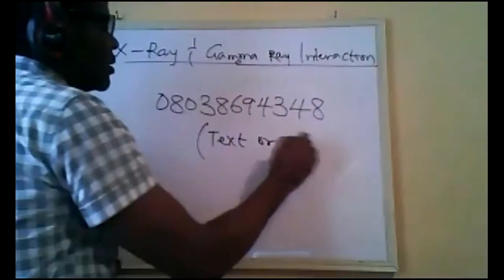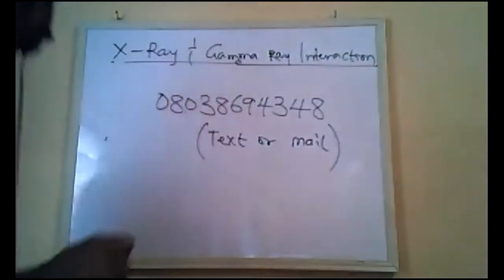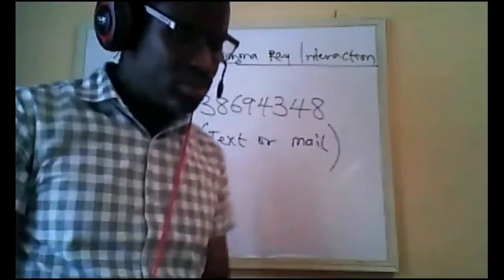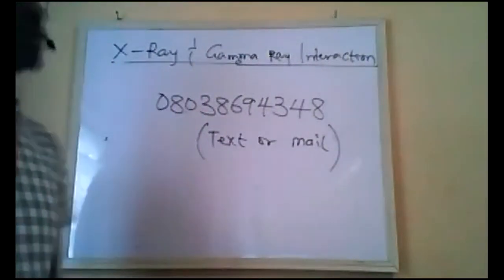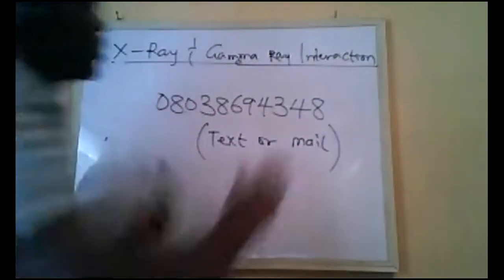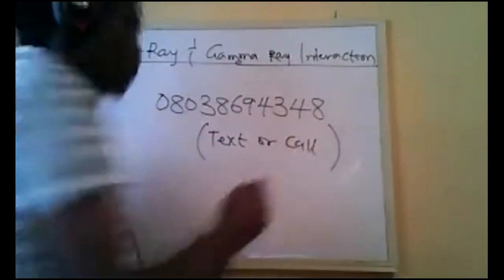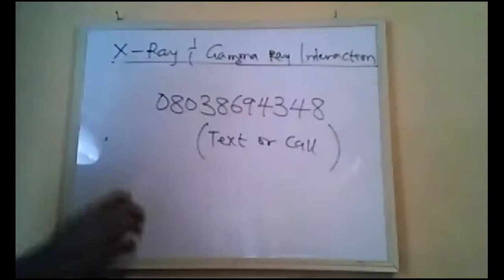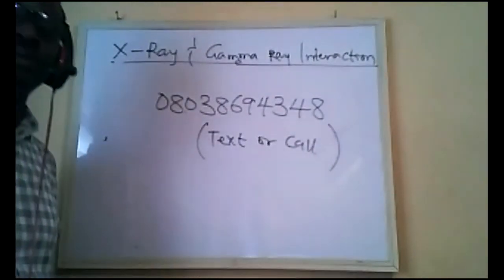Can you give me a text or mail on this? You can send me a text or call with this number. Then from there, I give you my WhatsApp number, and every other thing will follow.